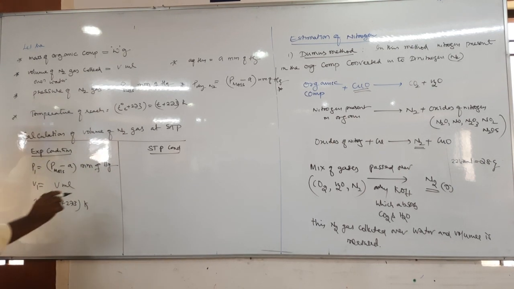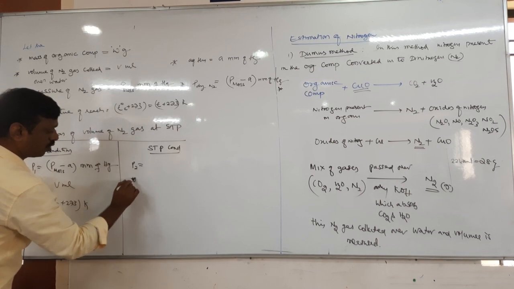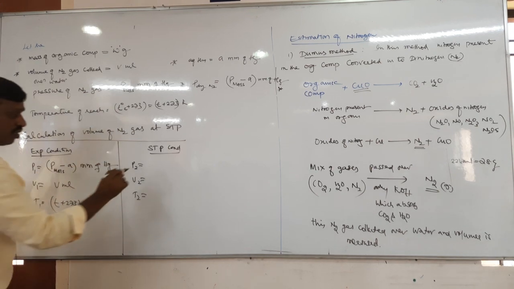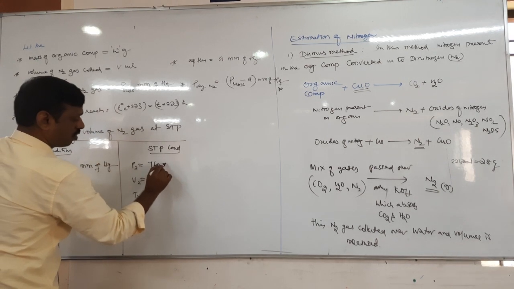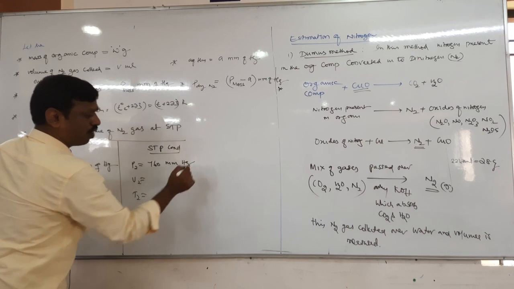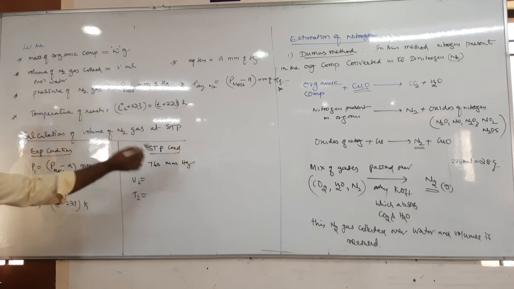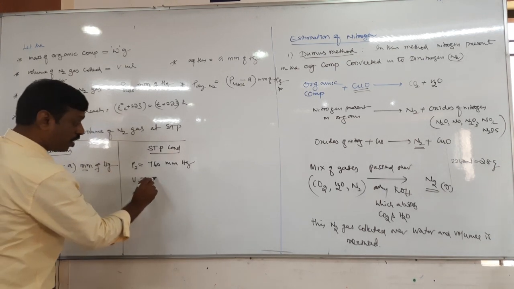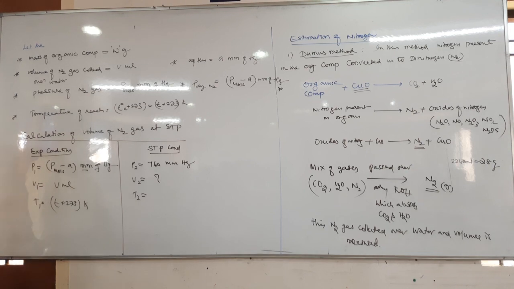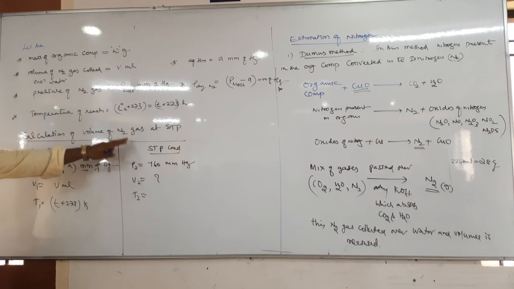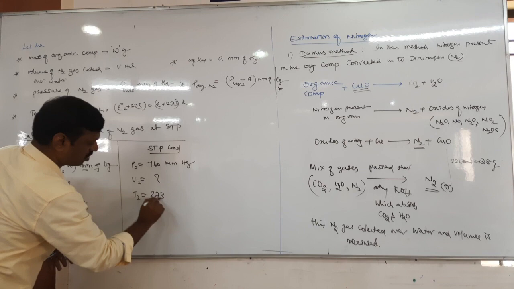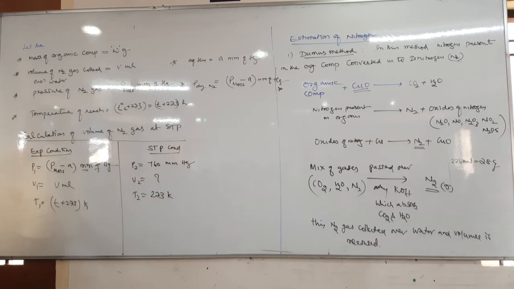Next is the STP condition. Let us take P2, V2, T2. At STP the pressure is 760 mm of mercury. Since we have taken mm, take mm. V2 we have to calculate, the volume at STP, converting this volume into that volume. T2 is 273 Kelvin, standard temperature.